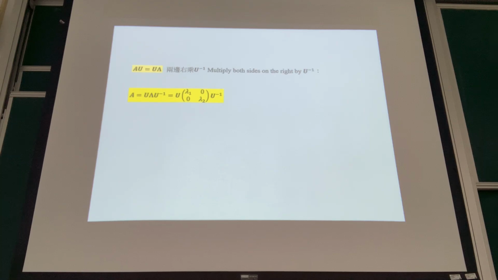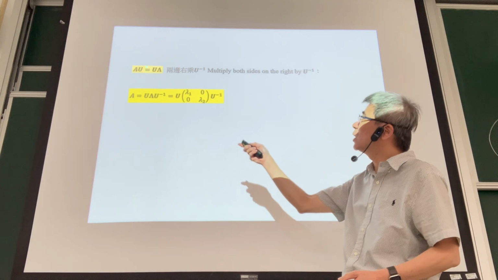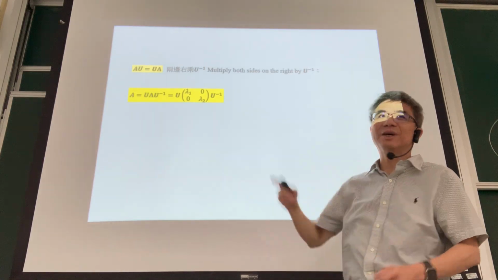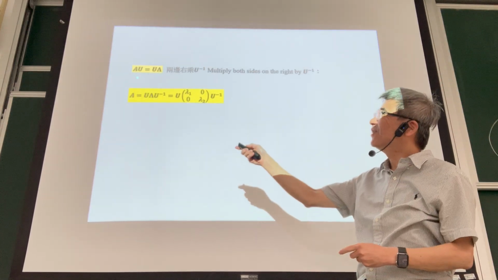U times U minus 1 equals 1. Also, U minus 1 times U is also equal to 1. So this is a standard definition of inverse matrix. Okay, and then if I multiply the right hand side by U minus 1, then U times U minus 1 equals 1. So what do I get?